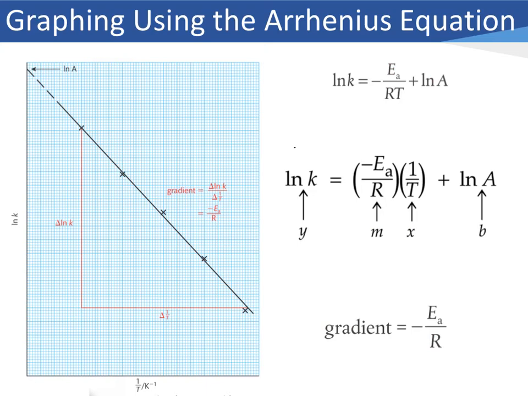So here we have a plot of 1 over T and natural log of k as the y-axis. The y-intercept is the natural log of A from this form. And the slope, the gradient, or slope, from where I come from, is negative activation energy over R. So if I can calculate the slope, I can calculate the activation energy.